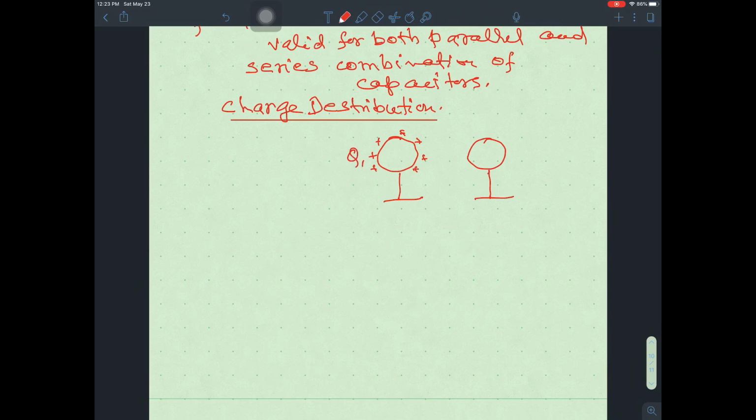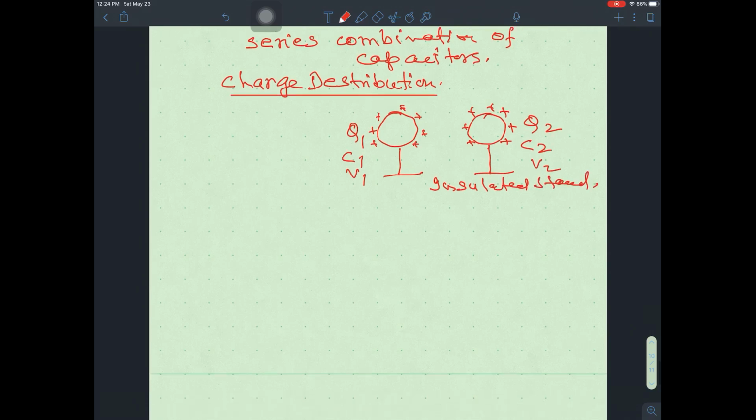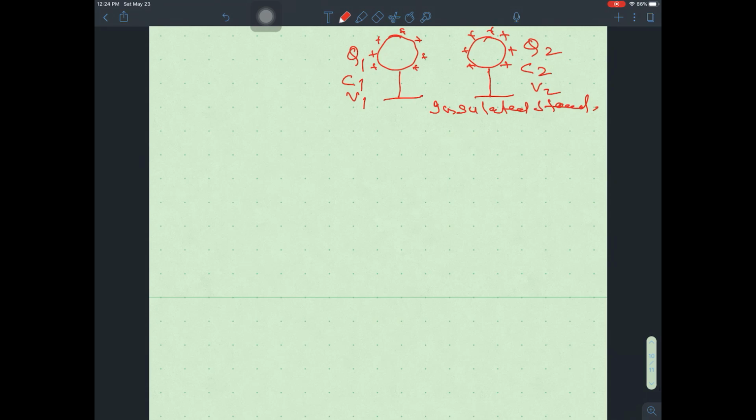Here some charge is there, that is Q1, and here some charge is there, that is Q2. Here the capacitance is C1 and potential is V1. Here the capacitance is C2 and potential is V2, and they are kept on an insulated stand.